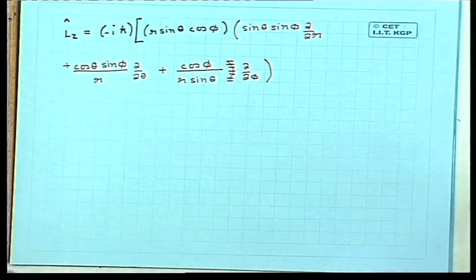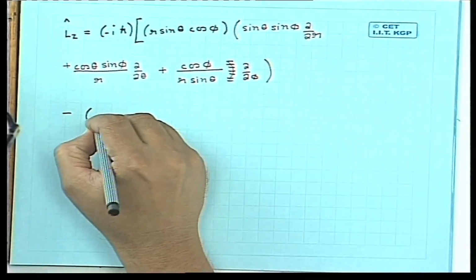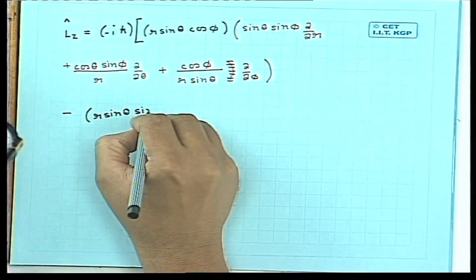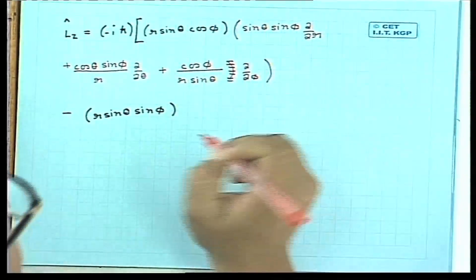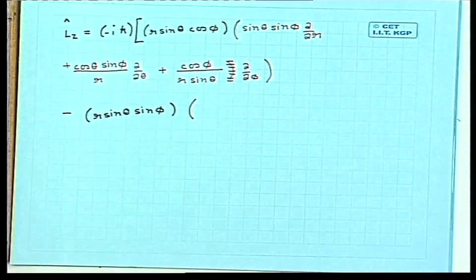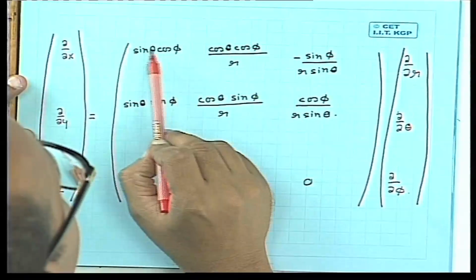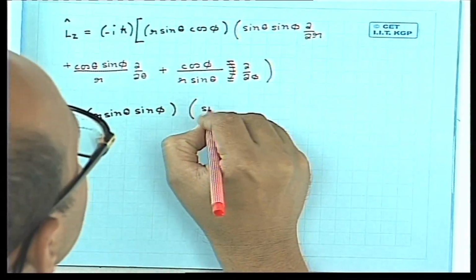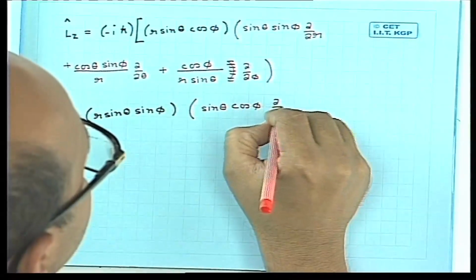and we have one more term, which is y into del by del x. So, minus y is r sin theta sin phi, this is y into del by del x. Let us look at what is del by del x. The first term in del by del x is sin theta cos phi del by del r.